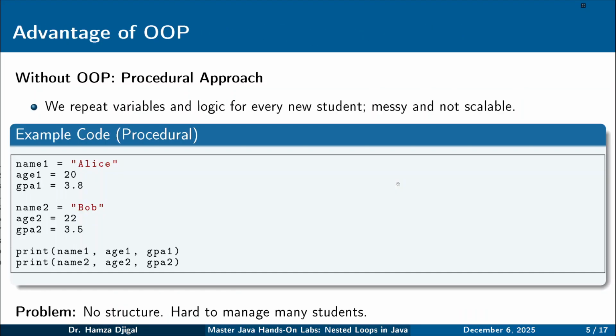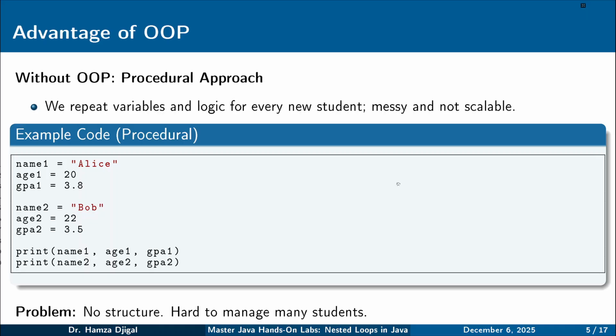So let's see the advantage of OOP. We assume that we have a procedural approach, where we do not use OOP. In this way, as you can see, we have to define each student's types one by one. Here we give one example: student name, age, student name 2, name 3.